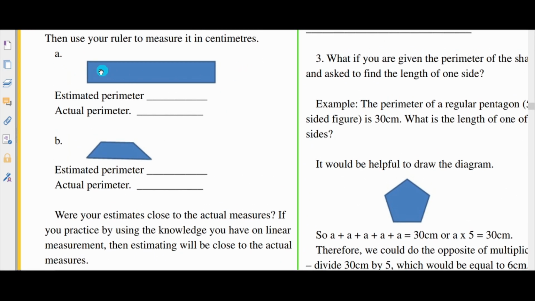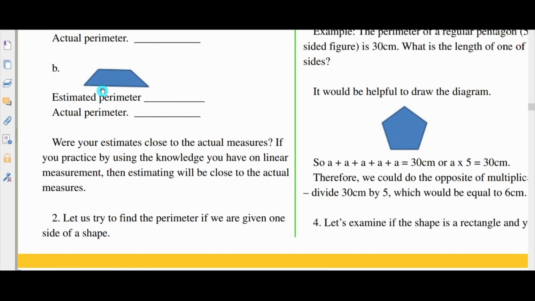If we had the actual printout, it would make it easier for us to do this. What you could do at home is look at an envelope, for example, and measure the length and the width of it to get the perimeter of that envelope.